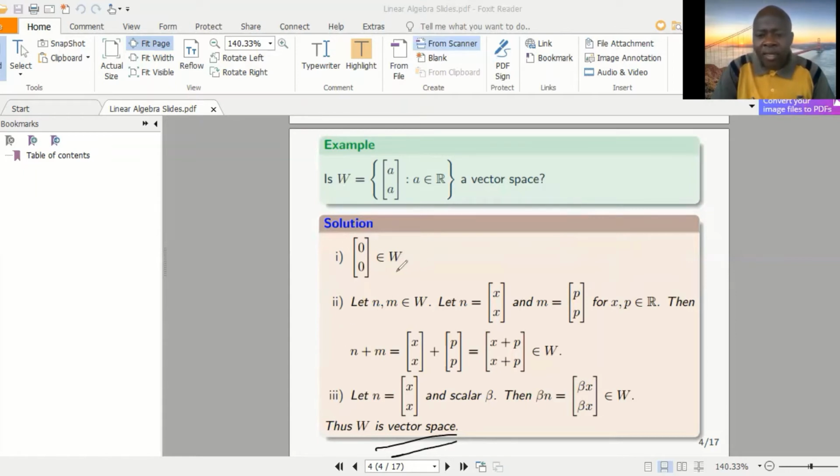And the other thing you must have noticed from this example is that to show that a set is not a vector space, you need to use specific examples and show that using those examples, a certain condition is not satisfied. But to show that a set is a vector space, you are not using specific examples, but you are using arbitrary vectors.